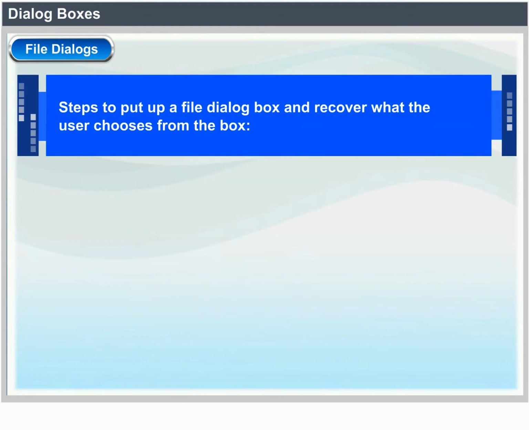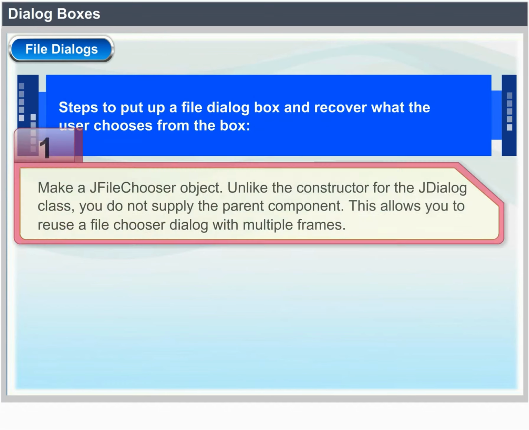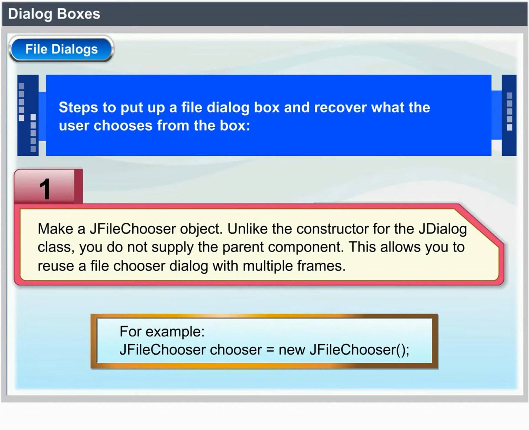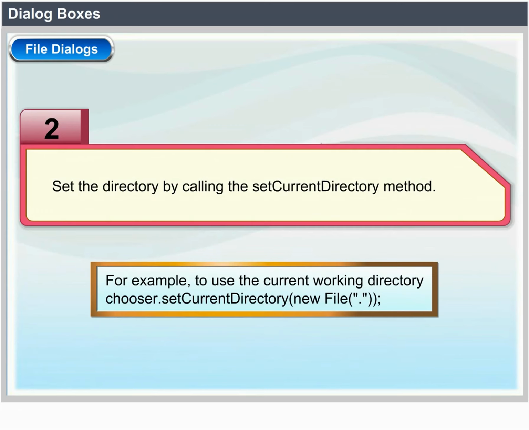Steps to put up a file dialog box and recover what the user chooses from the box. Make a JFileChooser object. Unlike the constructor for the JDialog class, you do not supply the parent component. This allows you to reuse a JFileChooser dialog with multiple frames. For example, JFileChooser chooser = new JFileChooser(); Set the directory by calling the setCurrentDirectory method.